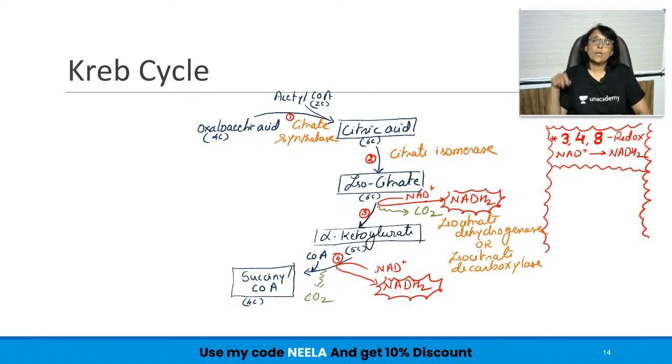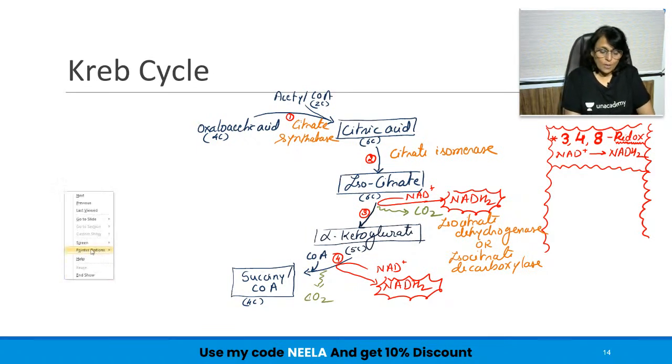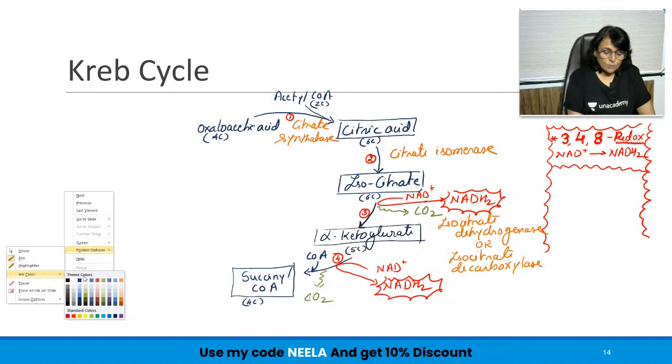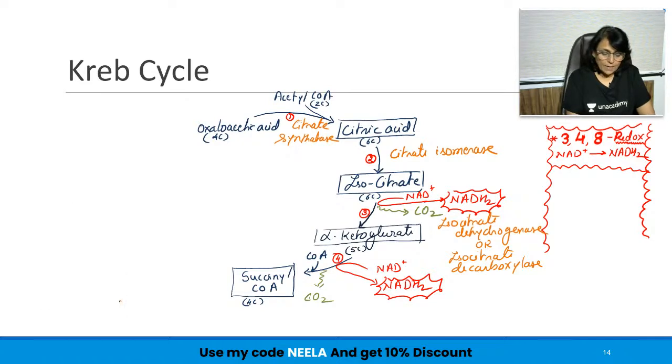So this is also a decarboxylation reaction. This is also a reduction reaction, or that means it is a redox reaction. So here that's why we have written that it is a redox reaction. And we know when there is redox, one substance gets reduced, the other substance gets oxidized. This is our step number 4. Any confusion in step number 4? And who can guess the names of the enzymes that can be used here?